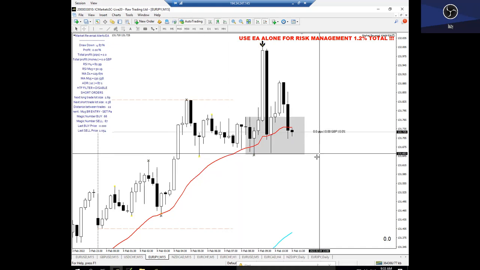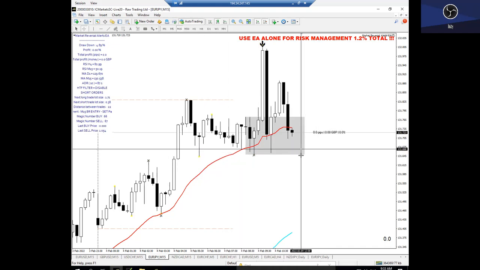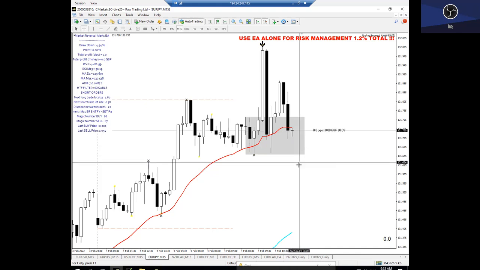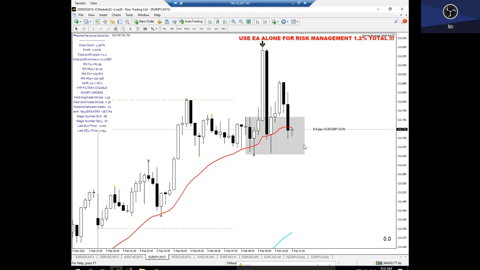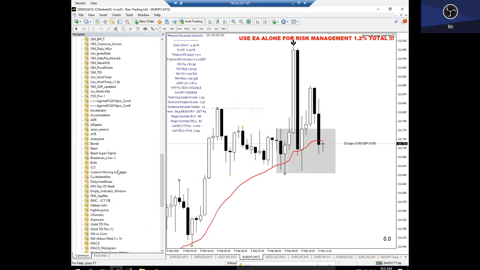So once the EA breaks this area, maybe it breaks to this level and the candle closes, it's going to open a trade. Once it opens the trade, my stop loss calculation will be from this high to this entry. So the entry will be like 40 pips or 41 pips, depending on where the candle closes.